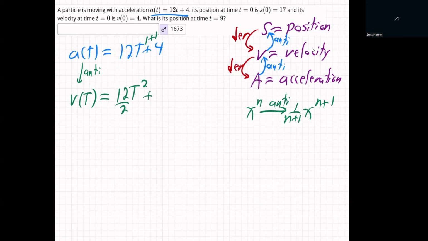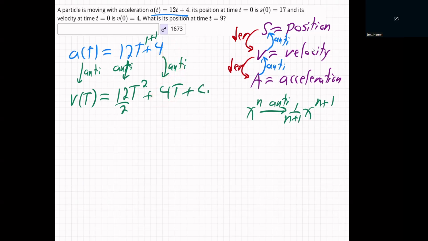Plus, now, this one I'm just going to think out, what could I put here? And the derivative, right, because we're doing anti, so vice versa, it's derivative. So this is going to be 4t. That makes sense because 4t, the derivative will go back to 4. So 4t must be the antiderivative.